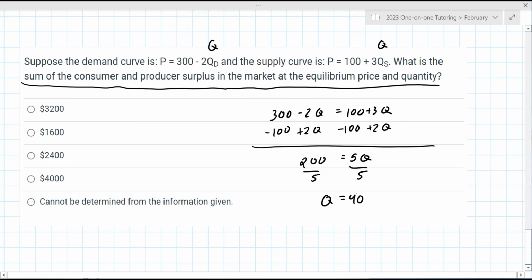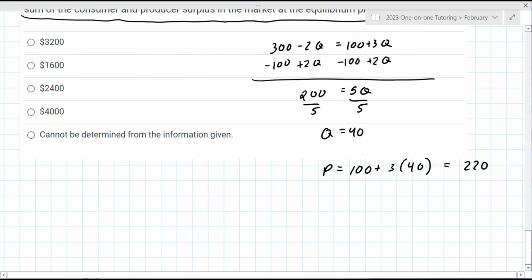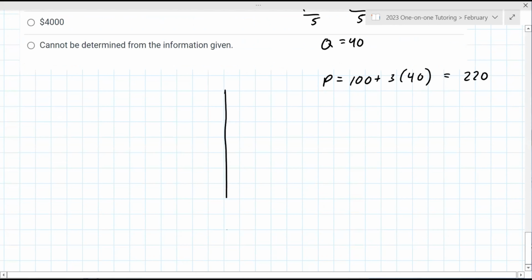And so we also need the price. We're going to put 40 into one equation or the other. Let's use the one on the right here, P equals 100 plus 3Q. 3 times 40 is 120, so the price is 220. But what does that mean graphically? Well, we've got to go do the graph here.